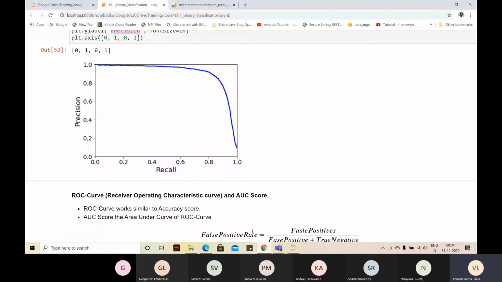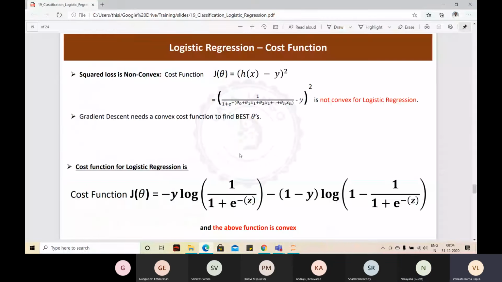Okay, if we are good, I'll jump in and try to explain more theory about logistic regression, which is very important for deep learning. Yesterday, Seshiram asked whether we use the same cost function in logistic regression also.